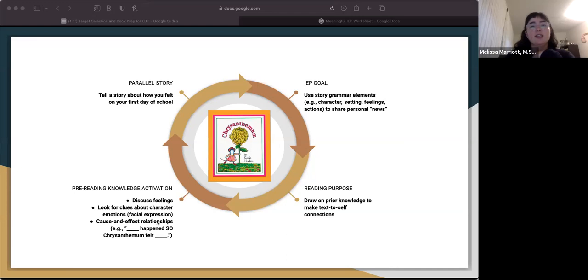But then again, the endpoint that we get to is the parallel story of that personal connection. So if we're working on this IEP goal about sharing personal news, here's an opportunity to do that. Tell us a story about how you felt on your first day of school, right? That's sharing a story about personal experience.